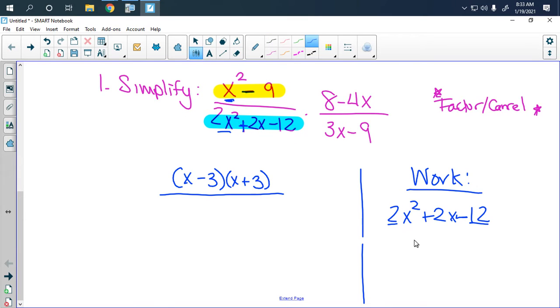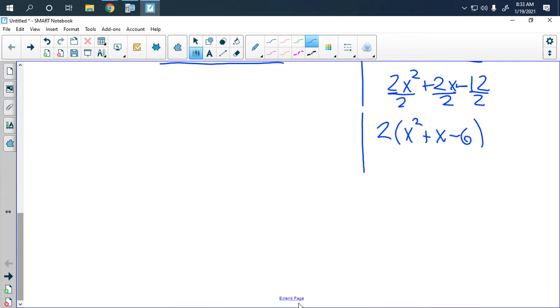So here I see a GCF of 2, so I'm going to divide everything out by 2. I have to make sure I write that 2 on the outside. So now I have x squared plus x minus 6, and that'll actually be quite a lot faster than using P's and C's. So now I can go straight to guess and check. P's and C's would work. You would just have to take out the 2 at the end if you hadn't already.